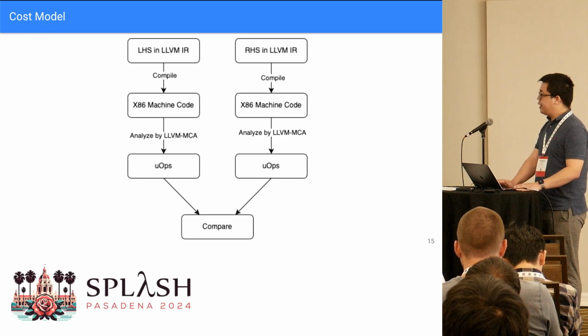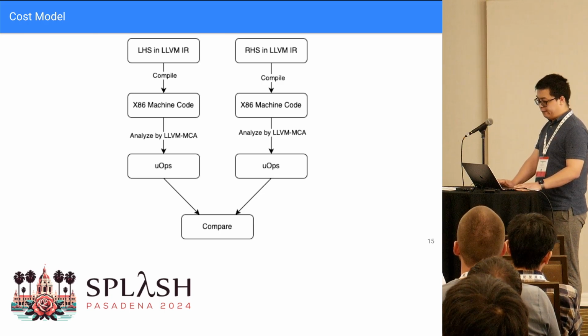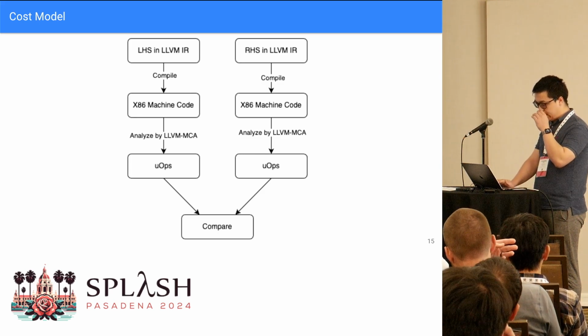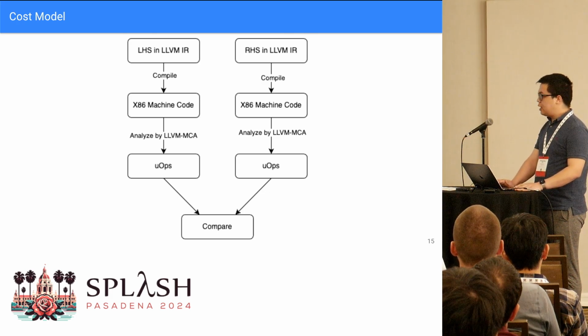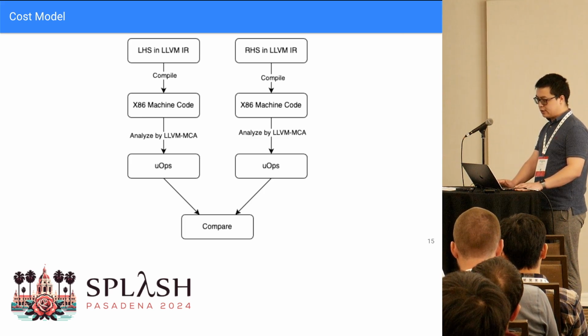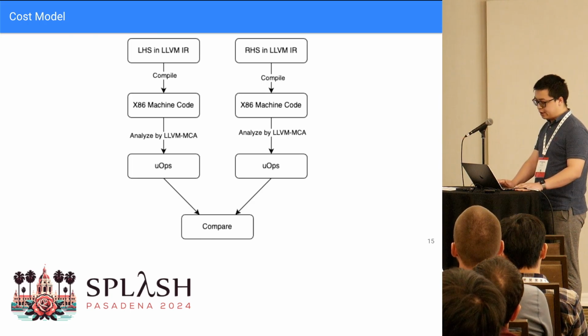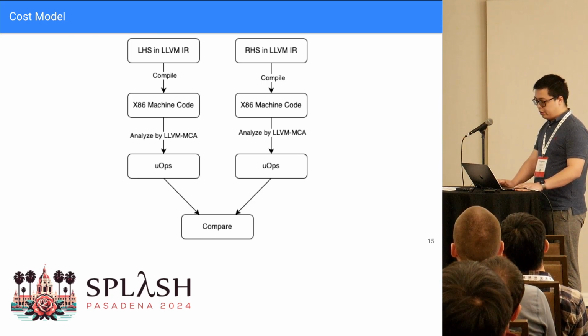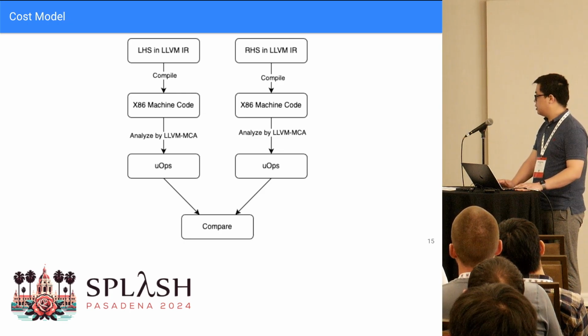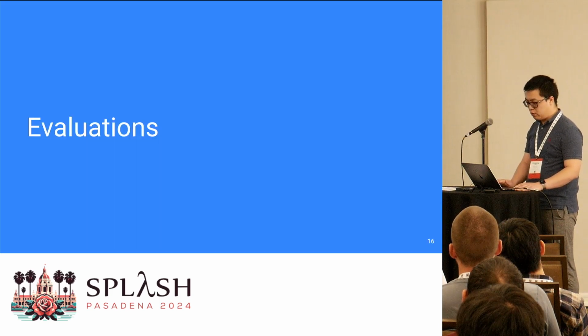The LLVM IR itself is not a good choice here for predicting runtime performance. Instead, we compile both left-hand side and right-hand side to assembly, and then we call the LLVM machine code analyzer, and we check the number of micro operations required as the cost of our program.